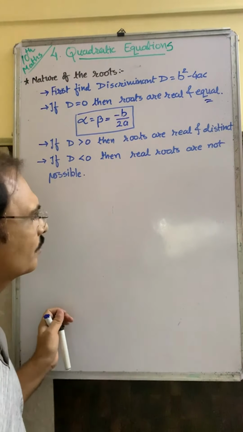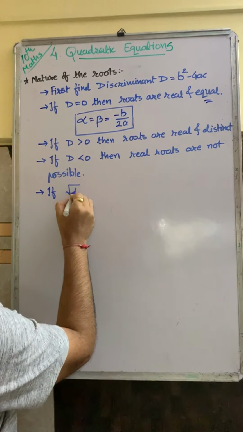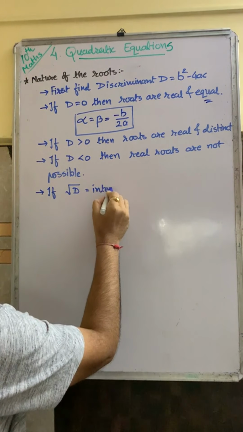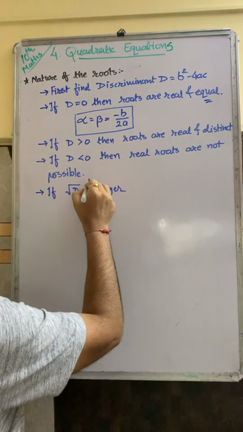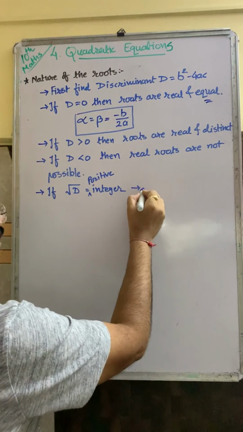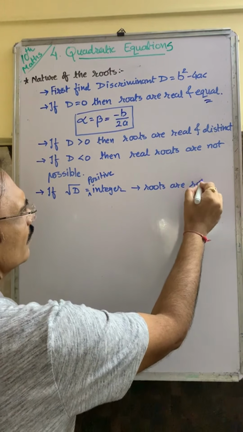Is it okay? If square root of D is integer, positive integer, rather I should write, if it is positive integer, then roots are rational.